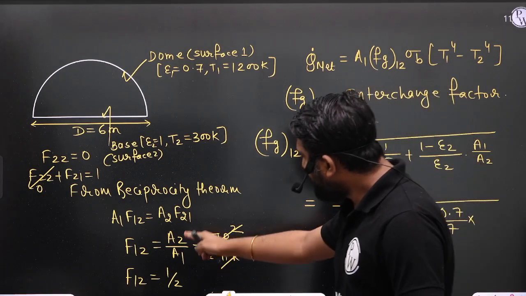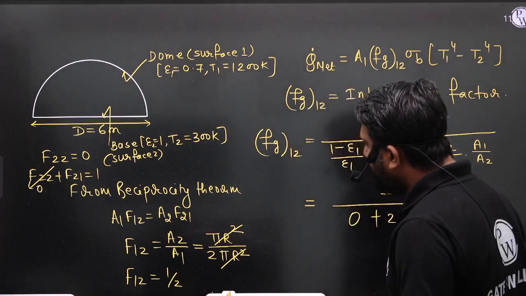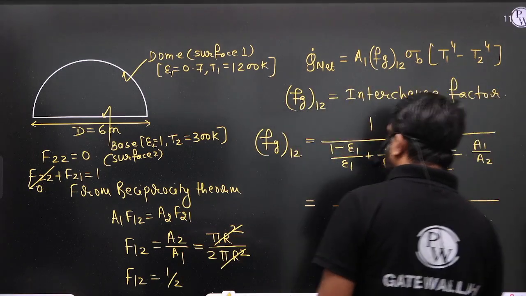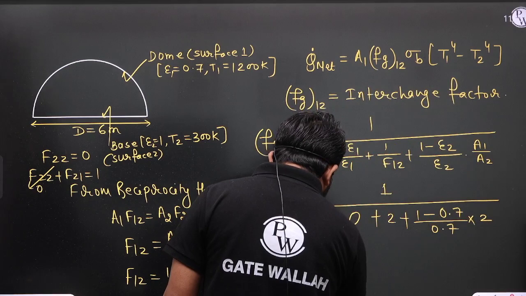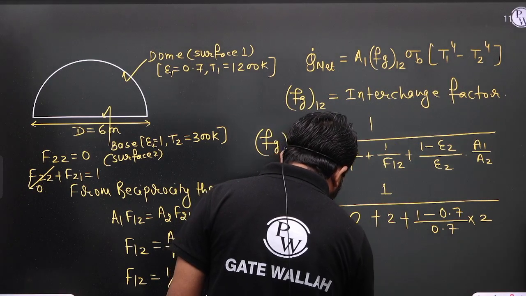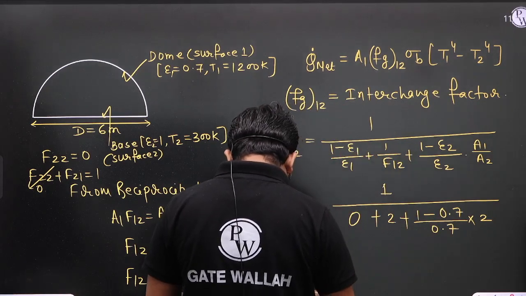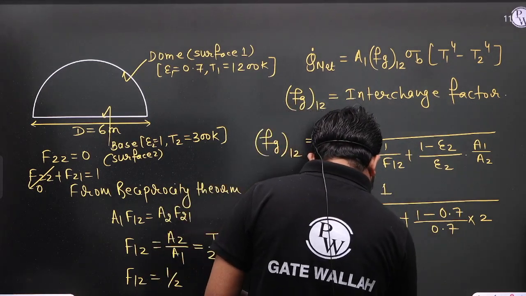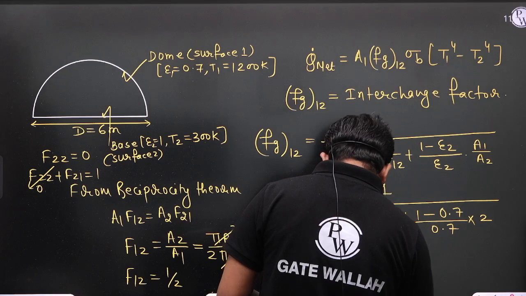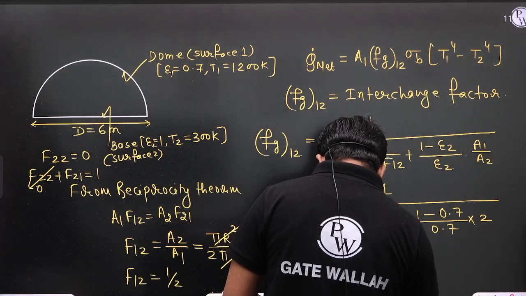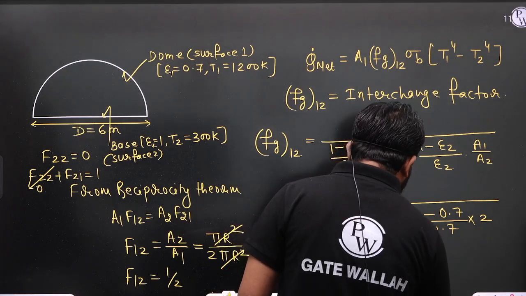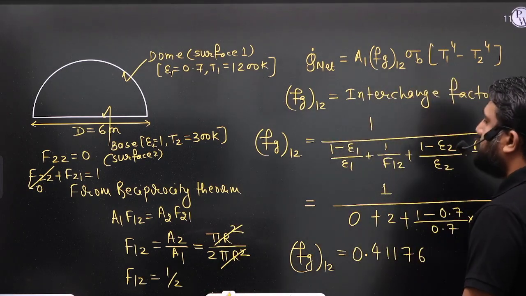A2 by A1 is 1 by 2, so A1 by A2 is 2. So from here you can easily calculate the interchange factor Fg12, and this Fg12 I already calculated: 0.41176, right? This is the interchange factor Fg12.